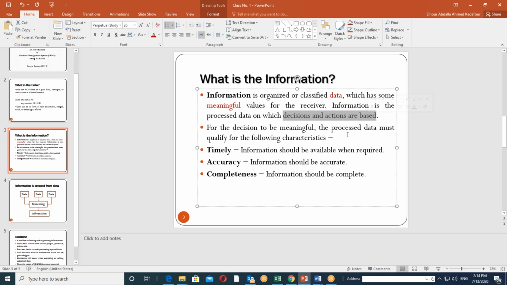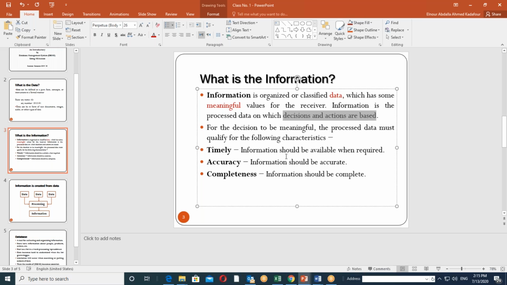It means the information will be derived from data, which has some meaningful values. Unless it is in a very meaningful way, we cannot call it information. Information is the processed data on which decisions and actions can be based.